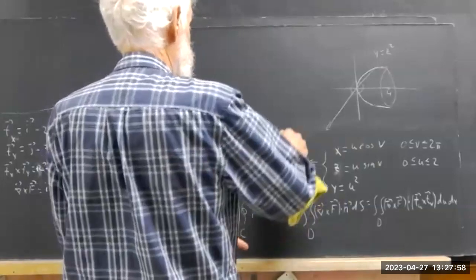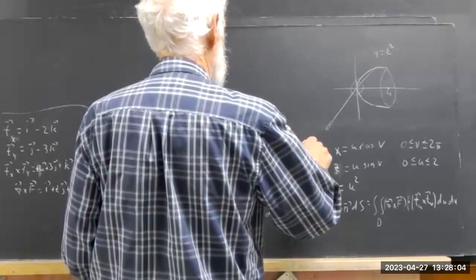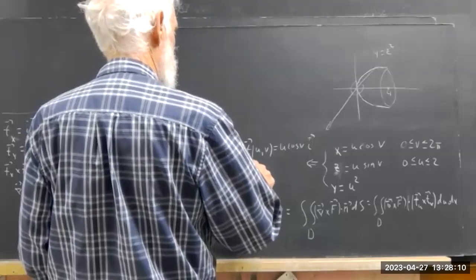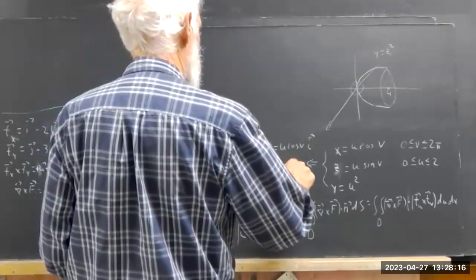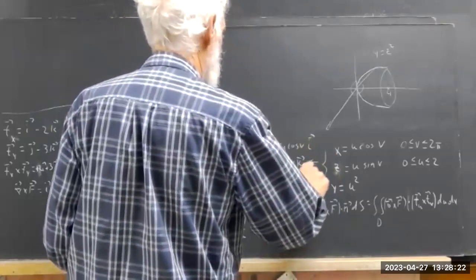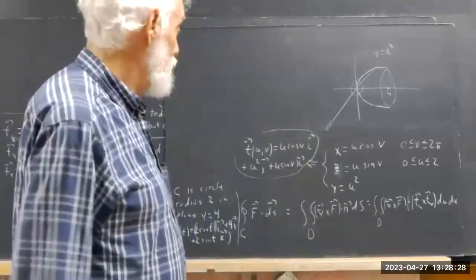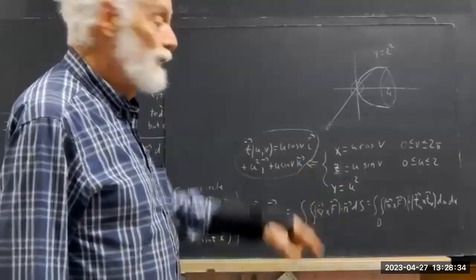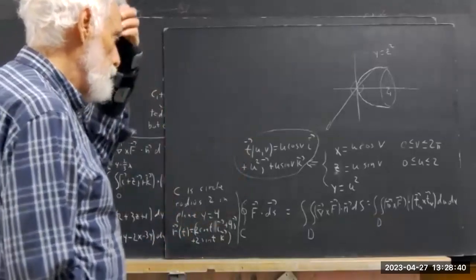Be careful, because we're kind of in a habit of X being the cosine of V, Y being the sine of V, but it's Z now that's used. Okay, so to avoid those little pitfalls, I just barely do.